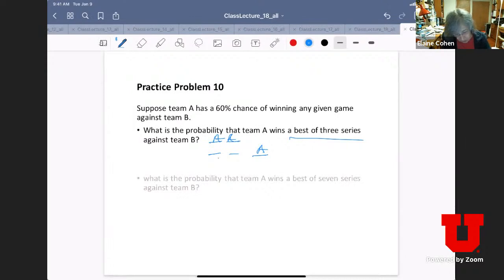Okay, so he has a 60% chance of winning. So if he won in 2 games, it's 0.6 squared plus, now we're playing 3 games.